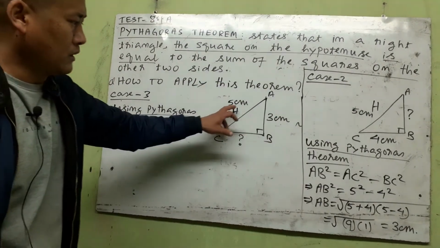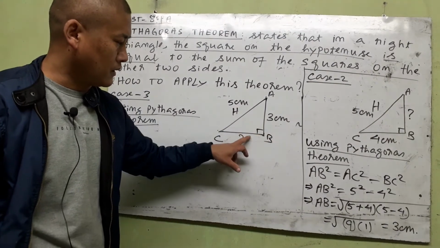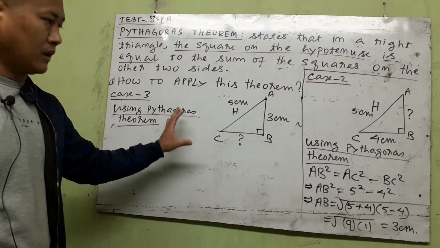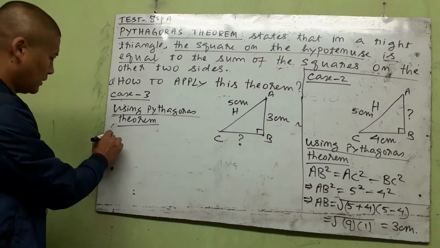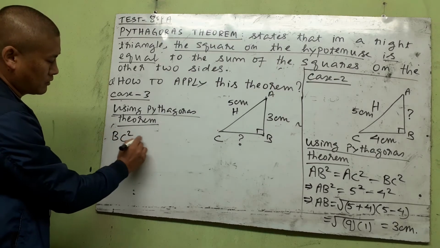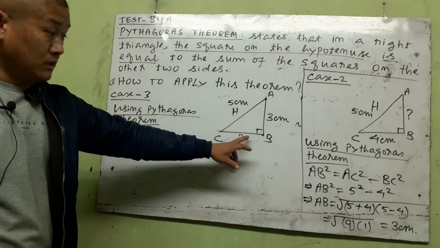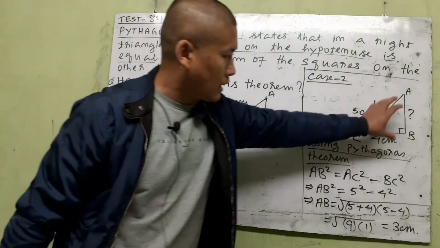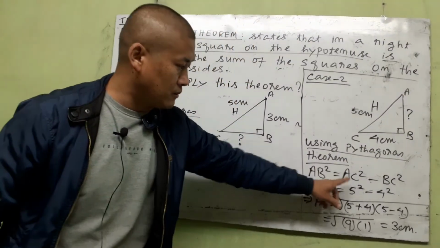So if two sides are known, 5 cm and 3 cm, we can find the unknown side BC by using Pythagoras theorem. So BC squared, the unknown we keep on the left, is equal to, then since BC is not the hypotenuse, just like AB is also not the hypotenuse, it will be very similar to this.